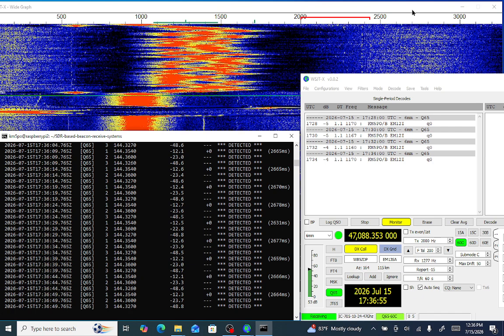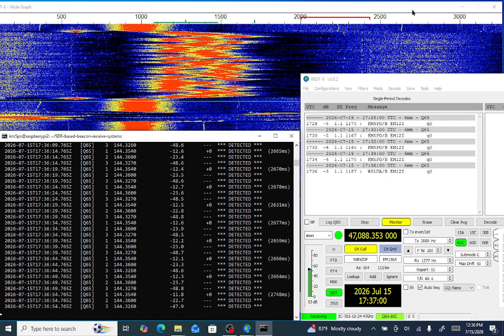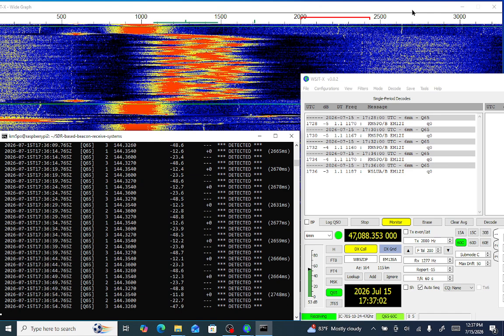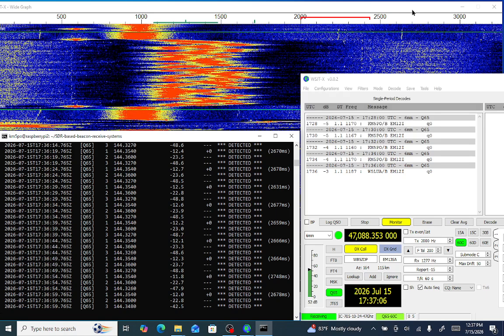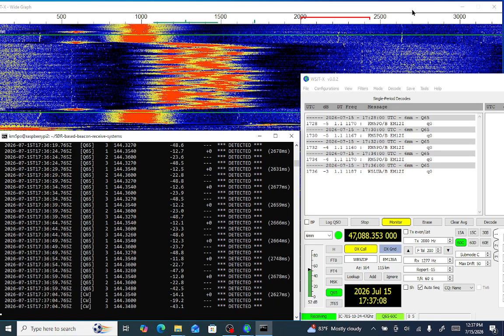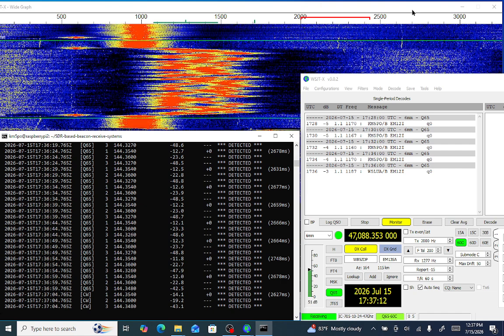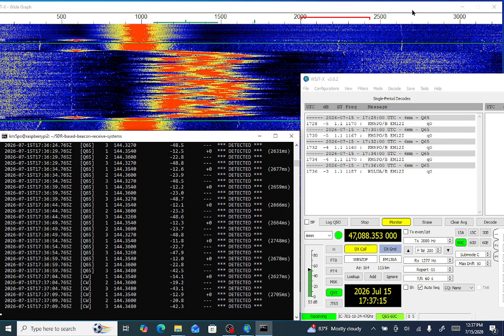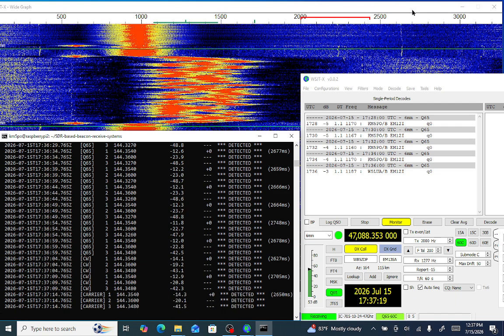Now here comes our end of transmission, and you see we decoded that signal as W5LUA/B. And that's the ID portion of the CW.